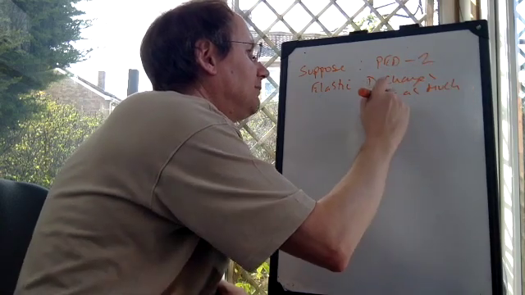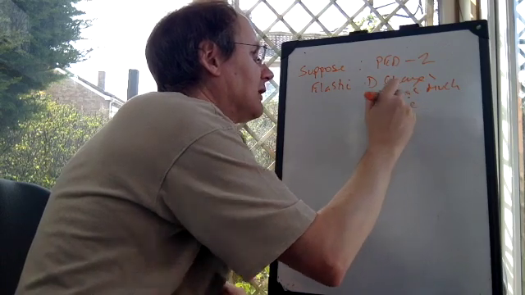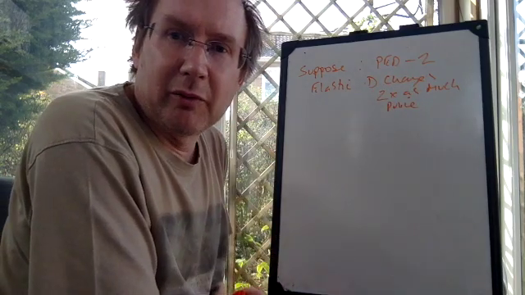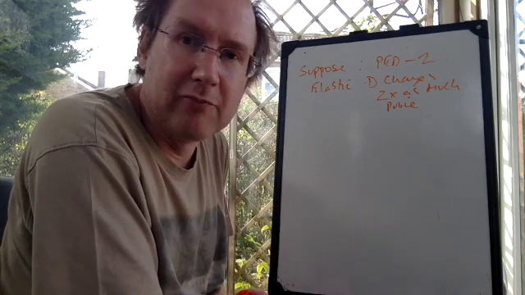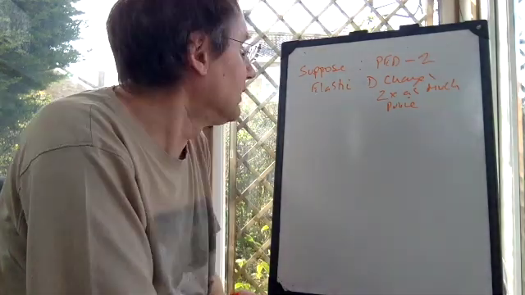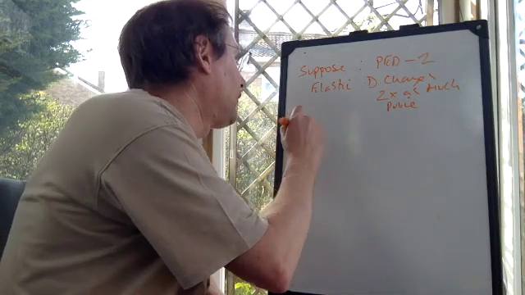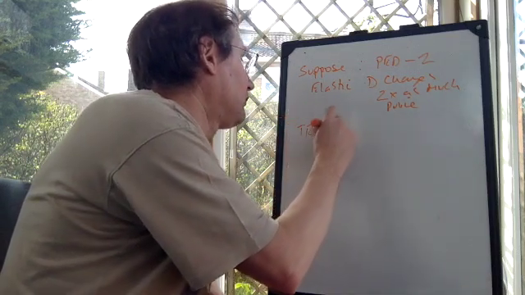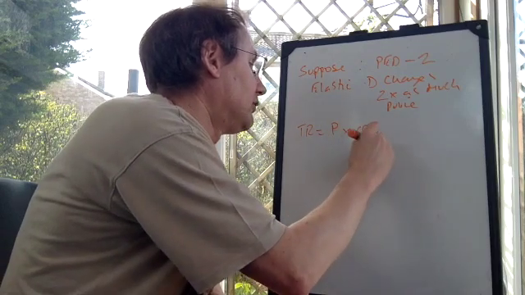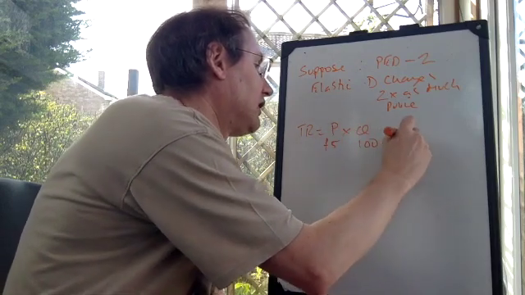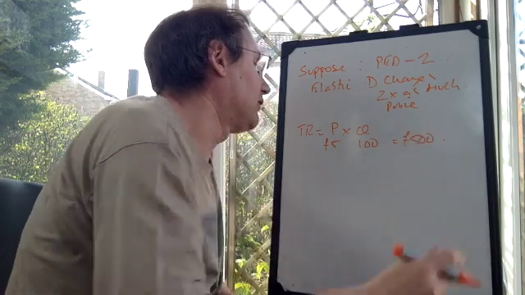So if you were a firm, what you might be saying is, well, I don't want to increase price, but if I cut prices, I'm going to get proportionally more customers. My revenue is likely to go up. And the firm's total revenue is simply the price that it sells it for times the number of units. So if you sell 100 units at £5 each, your revenue would be £500.